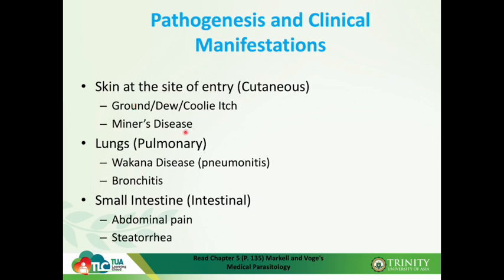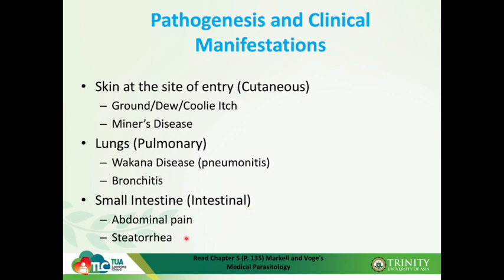It also causes miner's disease, since most people who work with the soil are miners. And when it is in the lungs, of course, it will cause inflammation of the lung tissue, causing Wakana disease or pneumonitis, and also bronchitis. And then when it reaches the final habitat, the small intestine, it can cause abdominal pain and steatorrhea.